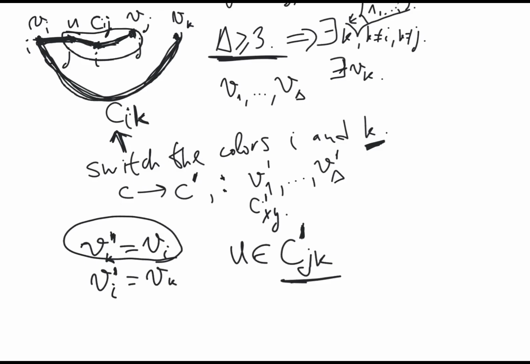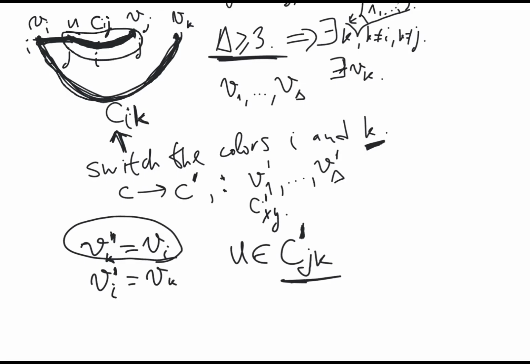So from the previous claim 4, Cij and Cik do not intersect with each other at internal vertices. So this part of the path Cij from u to vj retained its color. In particular, this is a vertex of color i.